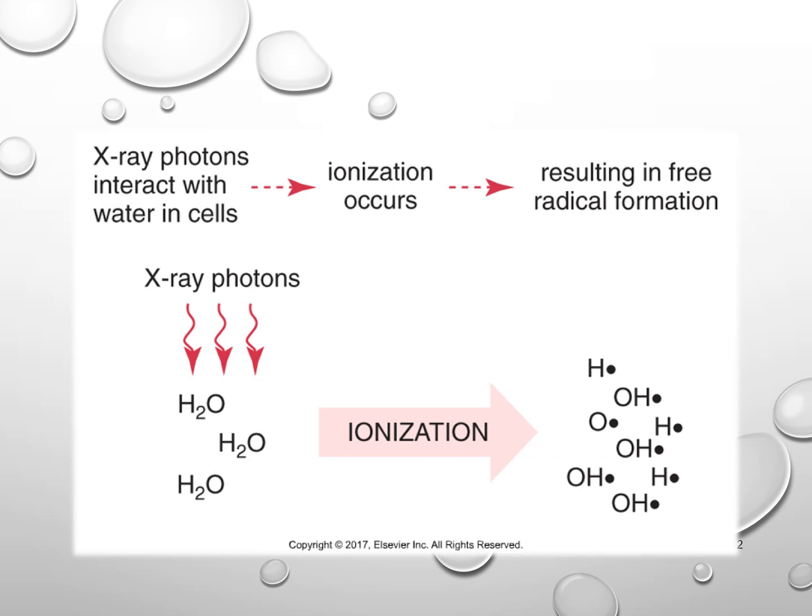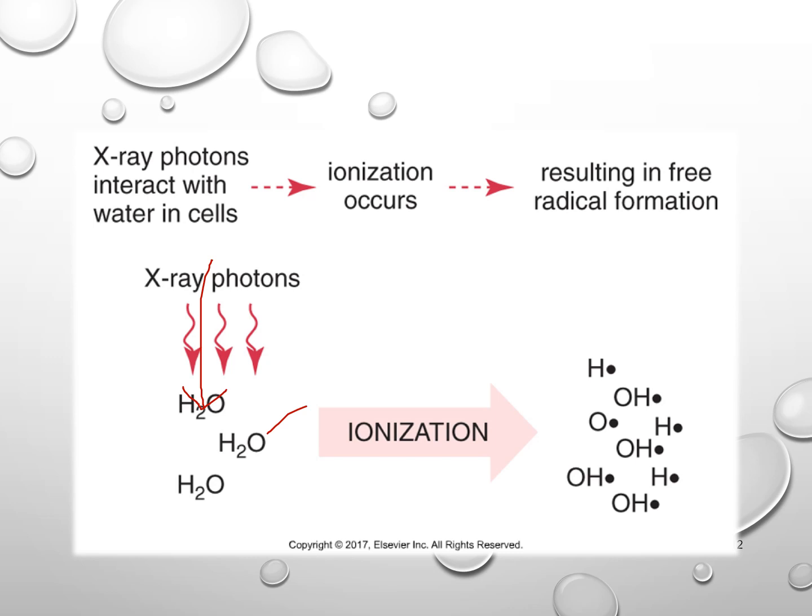Okay, so here is a depiction of all of that. The X-ray photon interacts with the water in the cells. Here you can see those X-ray photons coming down toward these H2O molecules. They break off some of those free electrons, but as you know, H2O doesn't have a ton of free electrons floating around in there. So ionization happens, and some of those little electrons pop off.